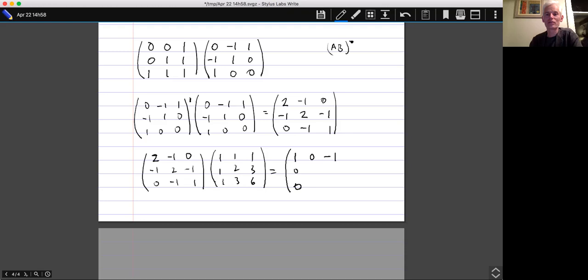AB transpose equals B transpose A transpose, equals sigma over K of A_IK B_KJ.